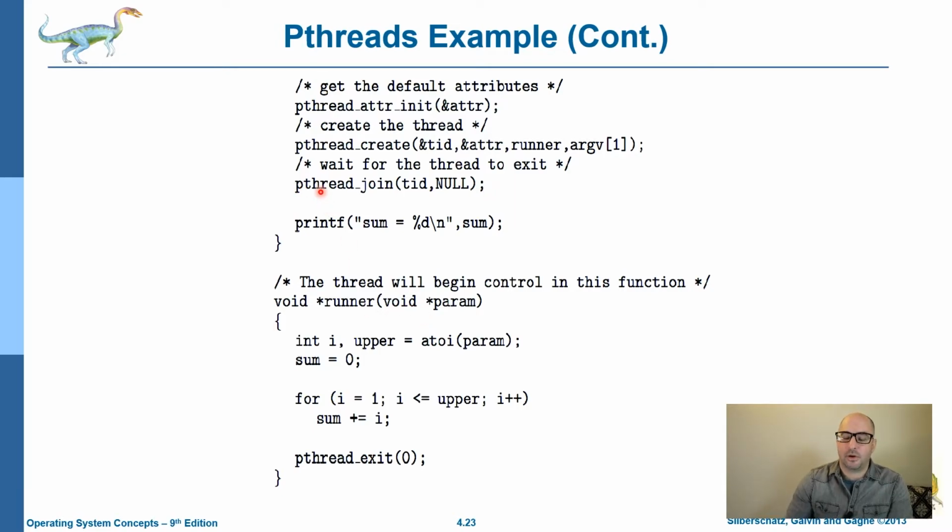We call this a join, meaning that the new thread has completed and has exited, so we get that back, very similar to waiting for a child process. When that is completed, then the parent thread just displays the sum. How we got that sum, in the other thread, was to take our upper bound, calculate the sum by adding the numbers together, and then exiting the thread.